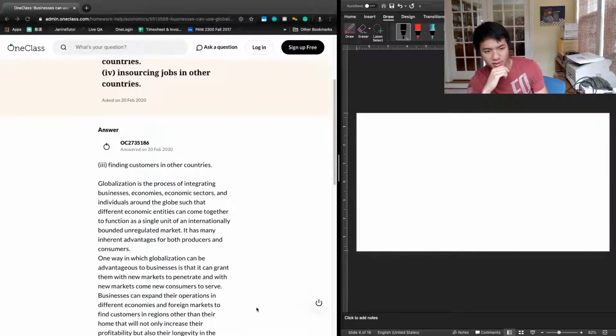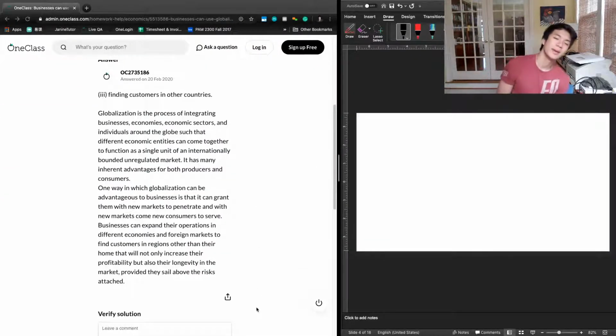So the previous tutor said 3 as well, and they said that globalization is the process of integrating businesses, economies, economic sectors, and individuals around the globe, such that different economic entities can come together to function as a single unit of an internationally bounded, unregulated market. It has many inherent advantages to both producers and consumers.